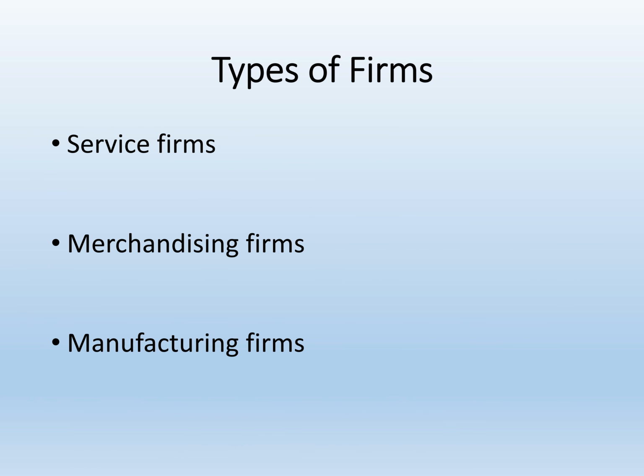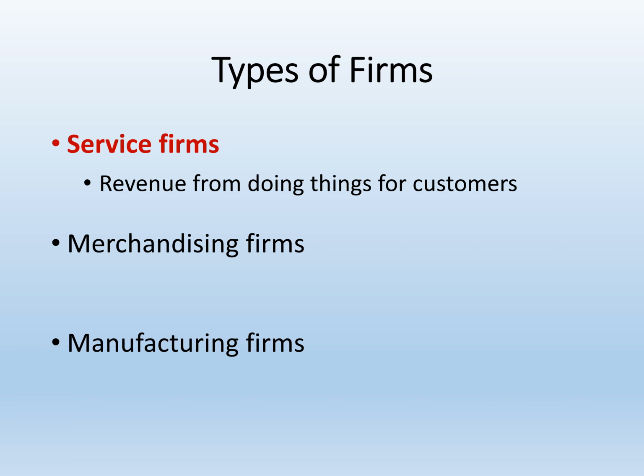You can put most firms in one of three basic categories: service firms, merchandising firms, and manufacturing firms. The service firms are the ones that generate their revenue by doing things for their customers, providing them services.